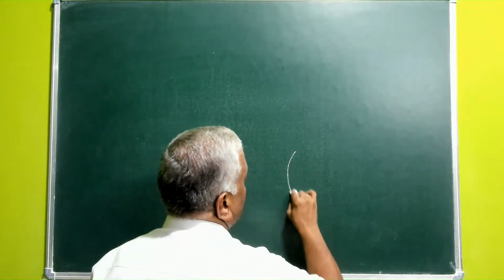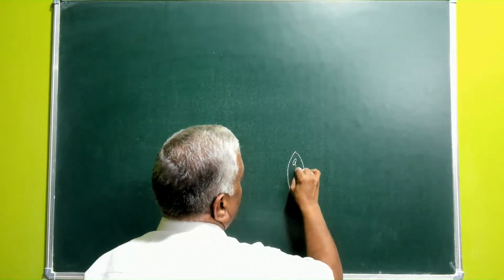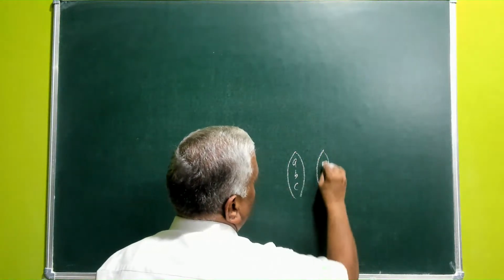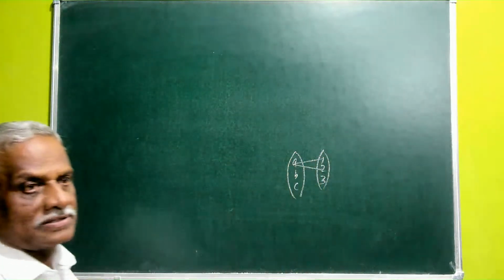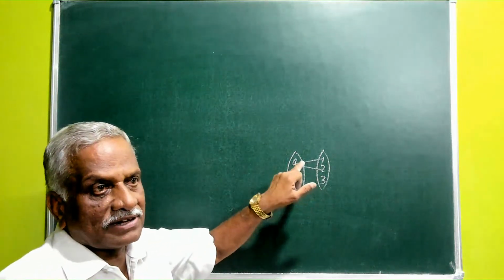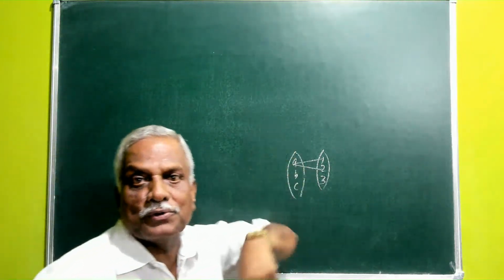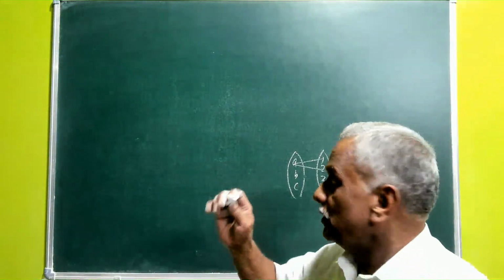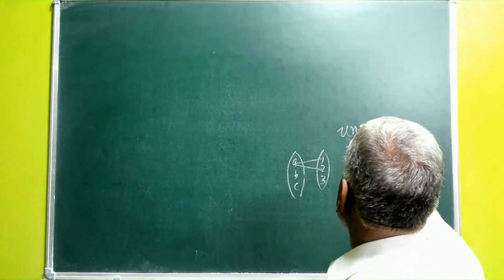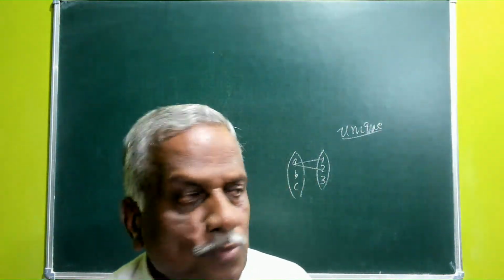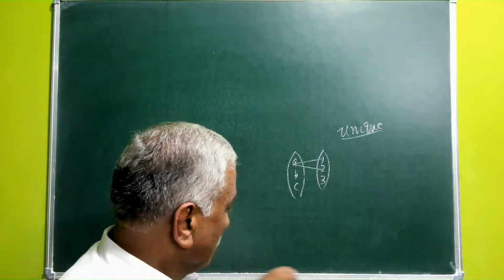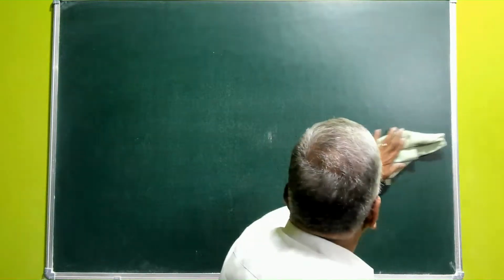Supposing I have A, B, C and 1, 2, 3, and A goes to 1 and A also goes to 2. Here we say it is not a function because the association is not unique. So uniqueness is very important. One object cannot have more than one image, but different objects can have the same image. That is called overlapping.